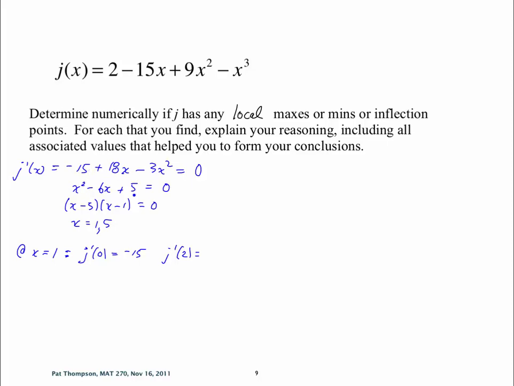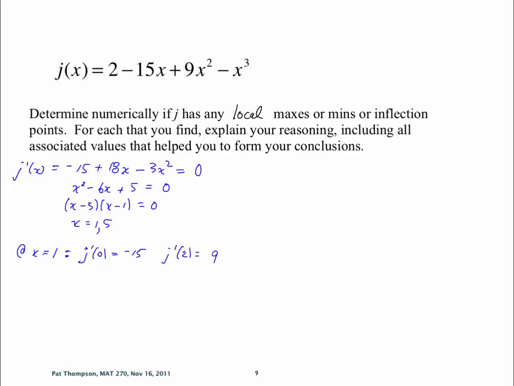It's positive. It's positive. 36 minus 12 minus 15. 9. Thank you. Okay.